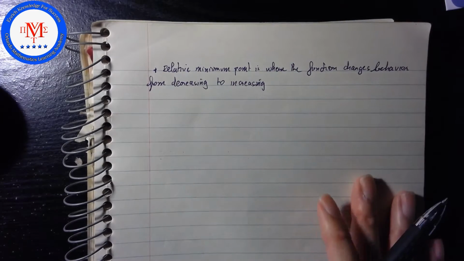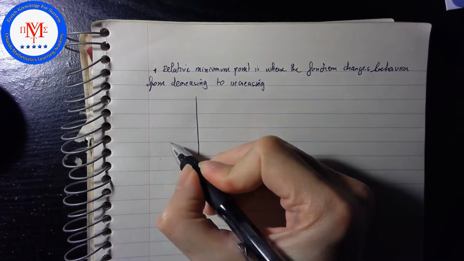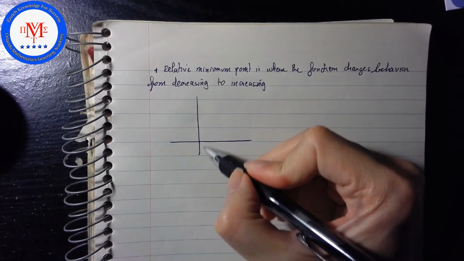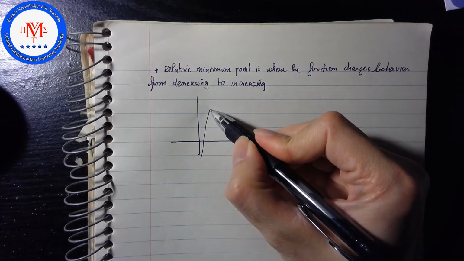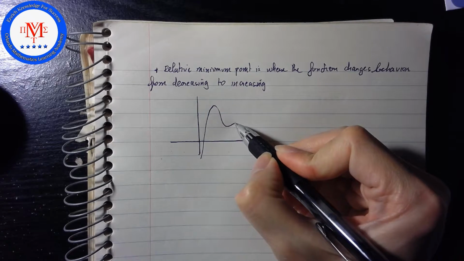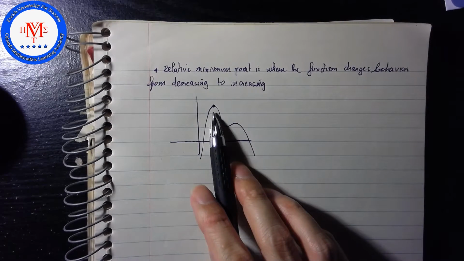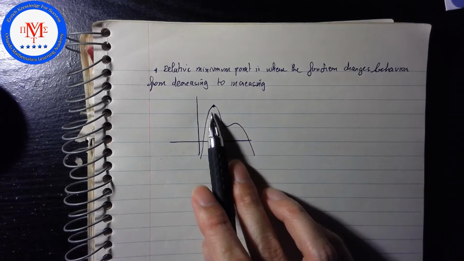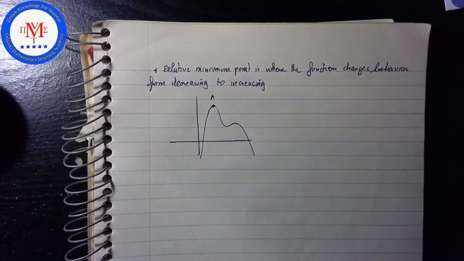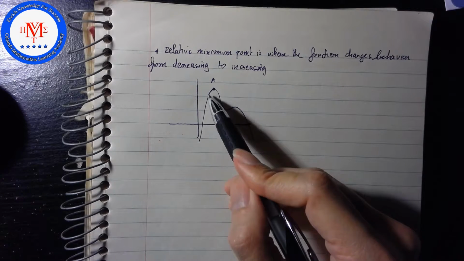Let me draw the graph of it. I think it will help you to understand the concept. So this is a graph that contains relative maximum and minimum points. This graph has a relative maximum at the point I call point A, because you see that the graph changes behavior from increasing to decreasing.